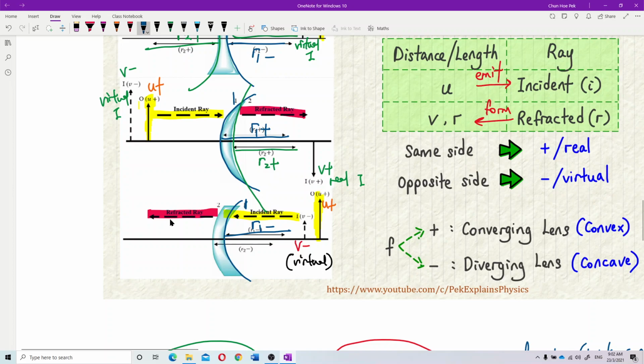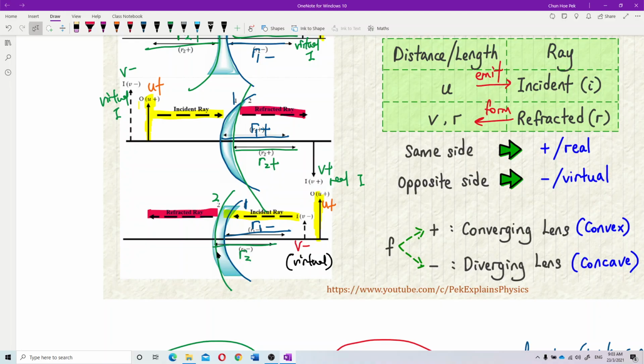R1 negative. How about radius 2? Radius 2 is this one, because the refracted ray goes out from there. This is the second surface. Here is the radius 2.